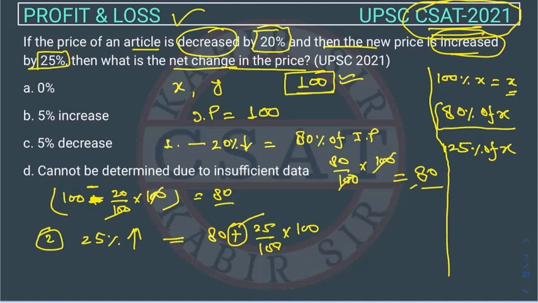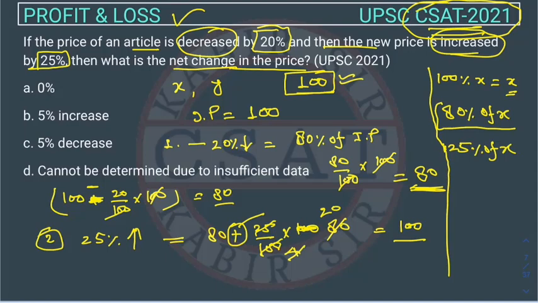We will write it like this, and here 80 will come, because this is our current price, 80 rupees, not 100. So you will solve this. So this will be 100.